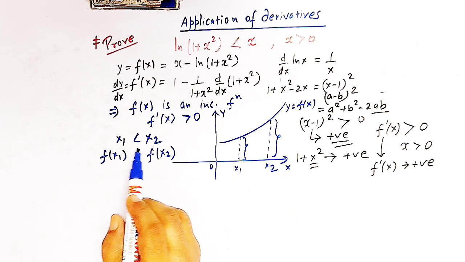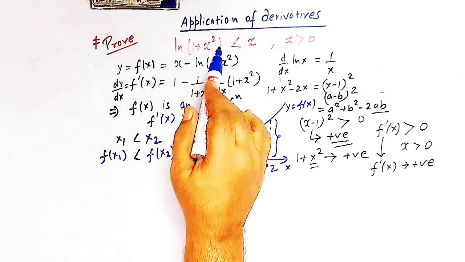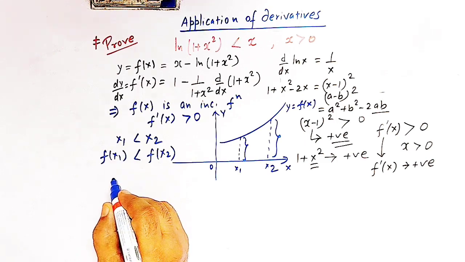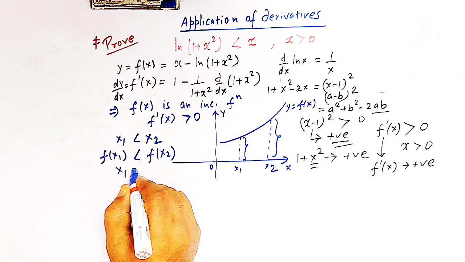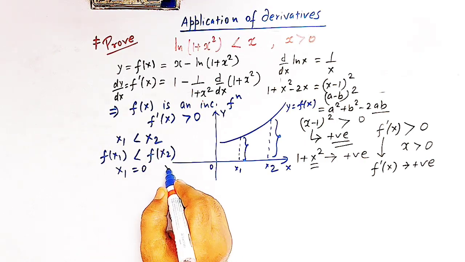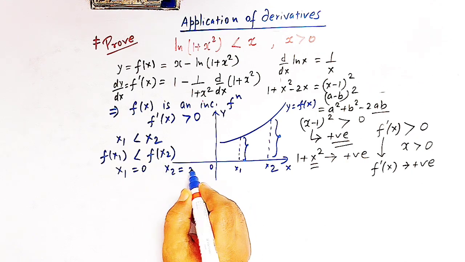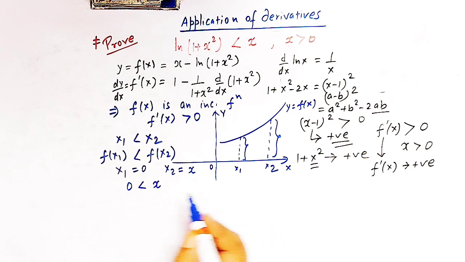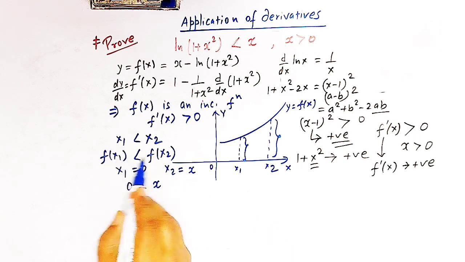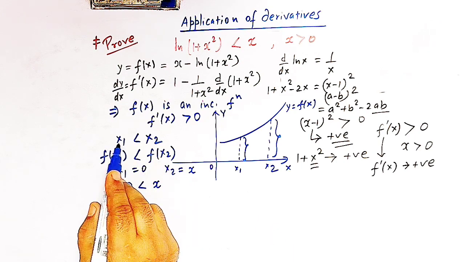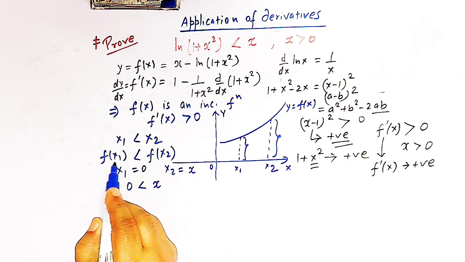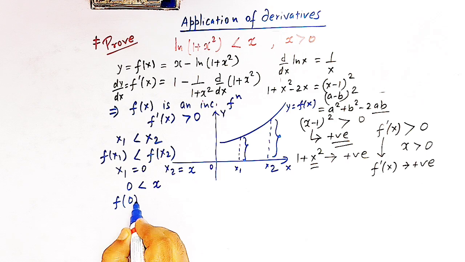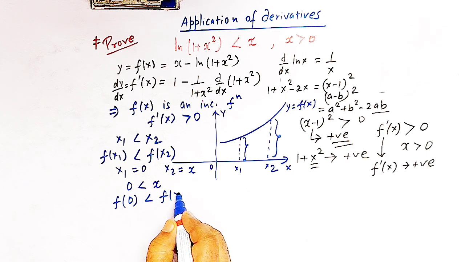So we'll now apply this concept to arrive at this inequality. So let us take x1 as 0 and x2 as x. So we have 0 less than x, right? So applying this, when x1 is less than x2, f of x1 is also less than f of x2. So now we have f of 0 is less than f of x.